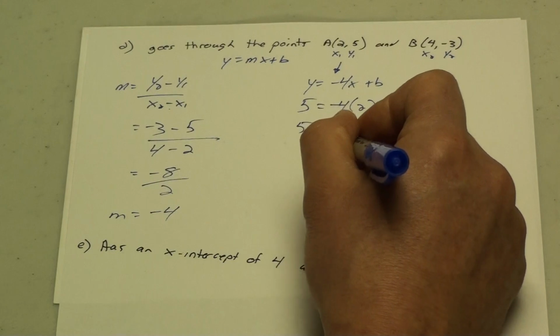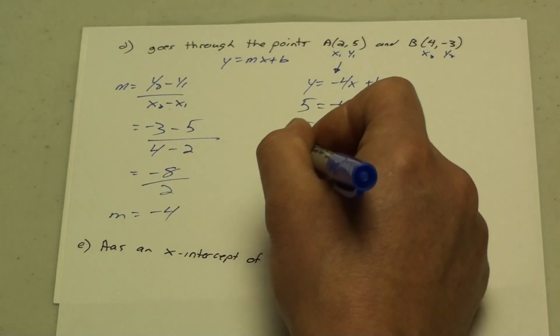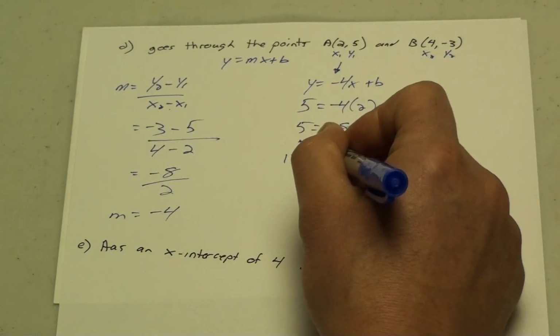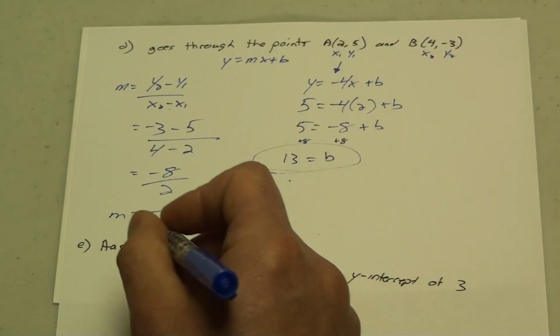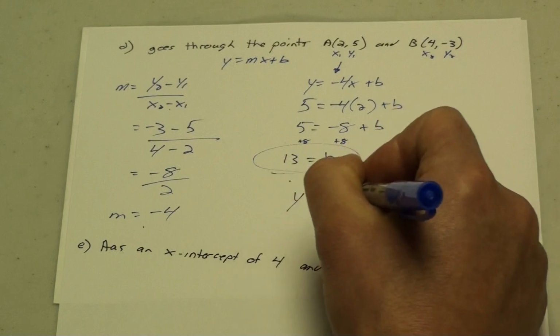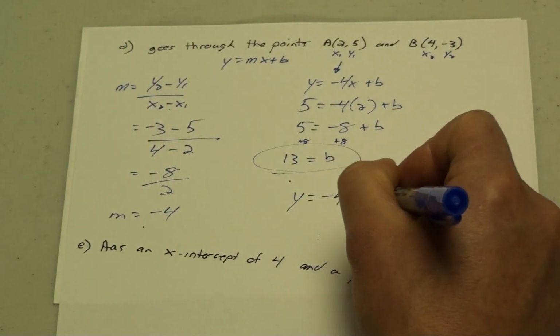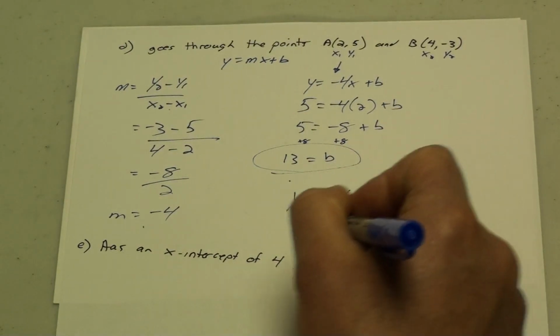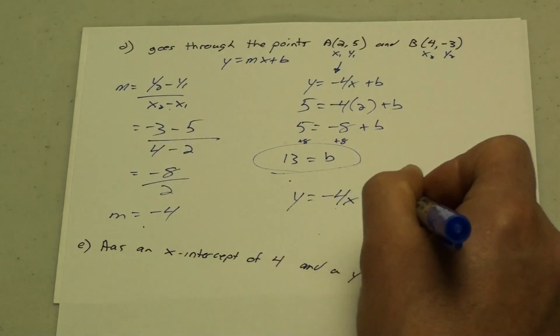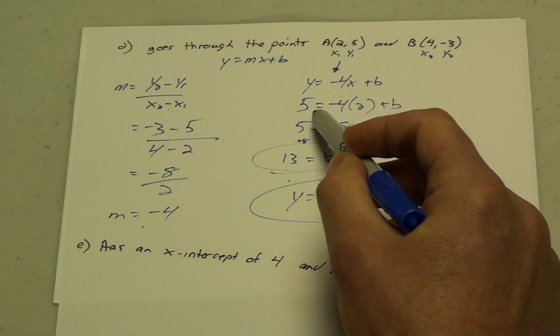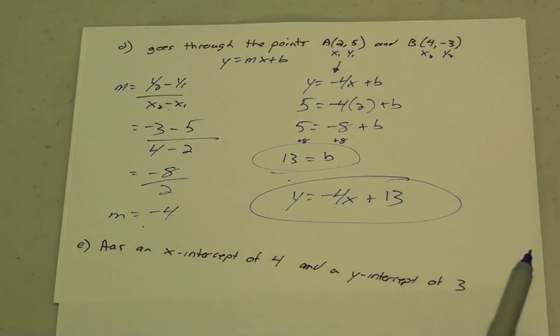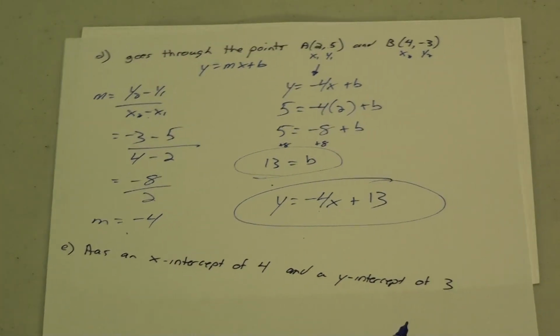I want to add 8 to both sides to get the b by itself. 13 equals b. Now that I have my b value, and I had my slope, I have my equation. Y equals negative 4x plus 13. Y equals mx plus b. Okay? Find your slope, then you need to sub in an x and y value to find your b value.